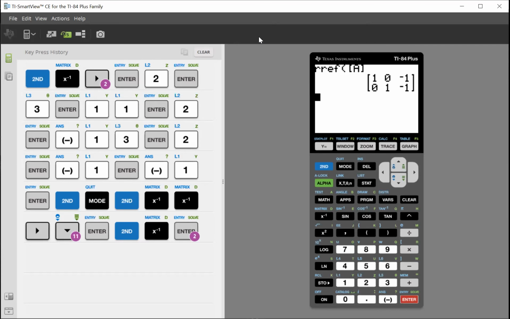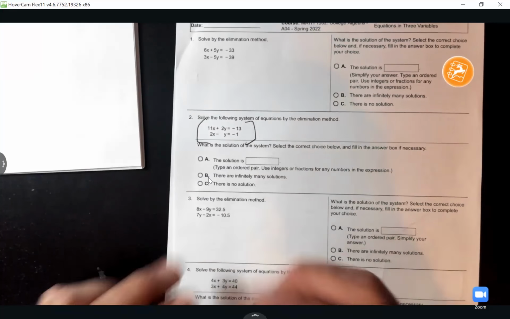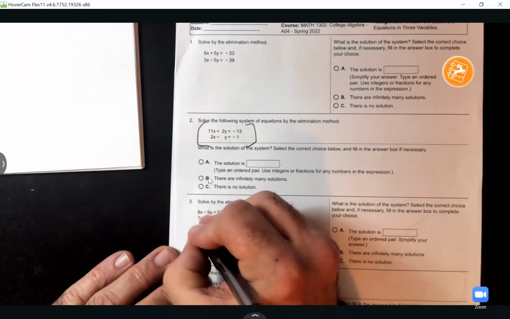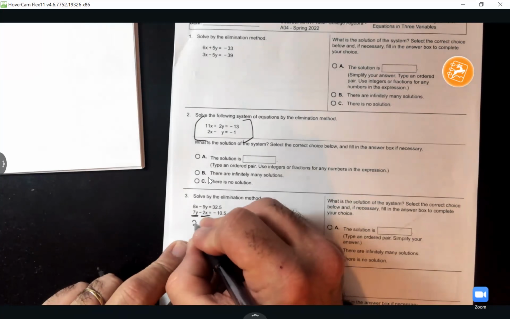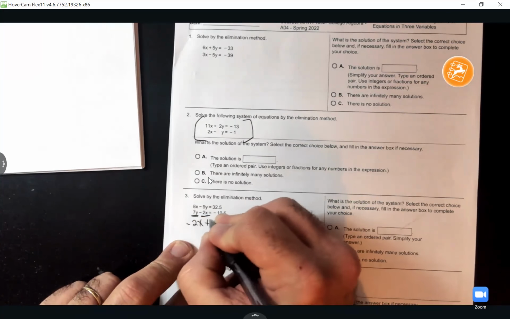Well, when you solve them, you'll have them in the right order, but let me show you what I'm talking about. Remember, I did a problem a while ago, like this number 3 here. This 7y negative 2x, those were out of order. So if you put this in the calculator, you got to make them in the right order.